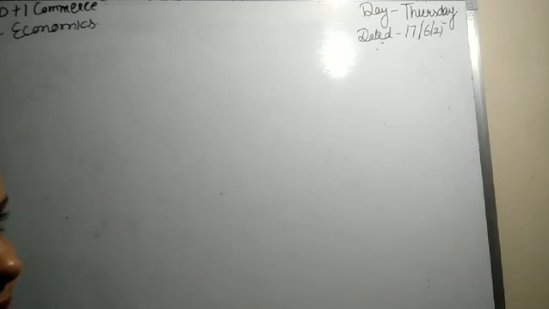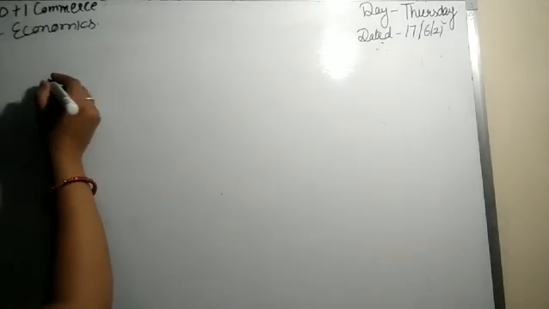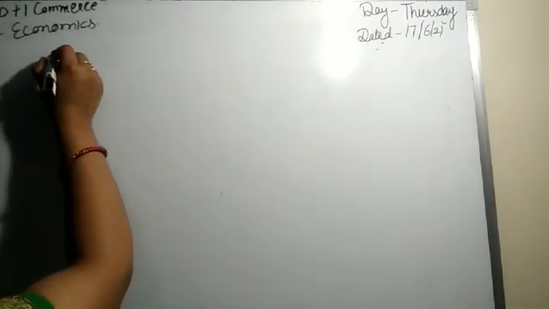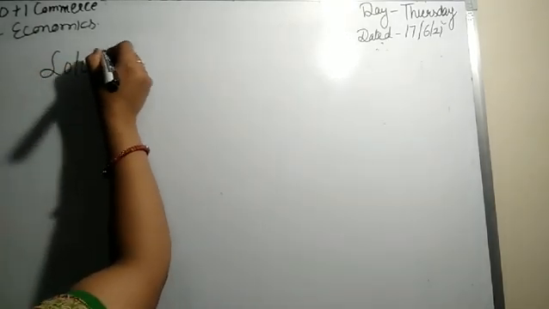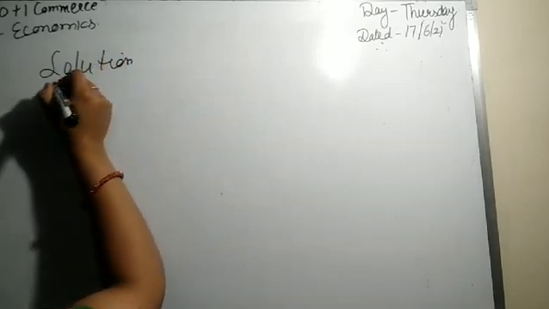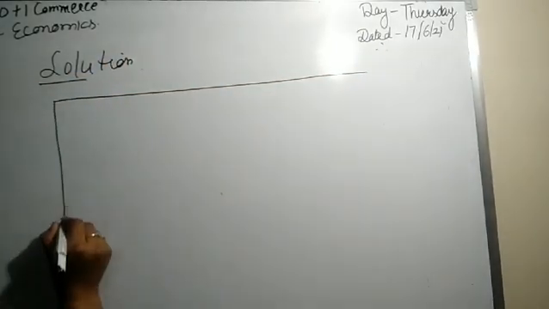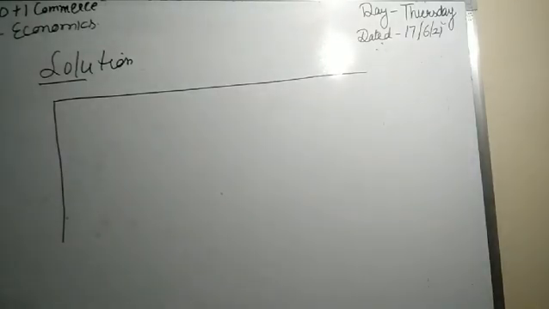In the question, a table is given, and we have to find out the equilibrium position of the consumer. So now the solution of this numerical: this is the table given in the question.